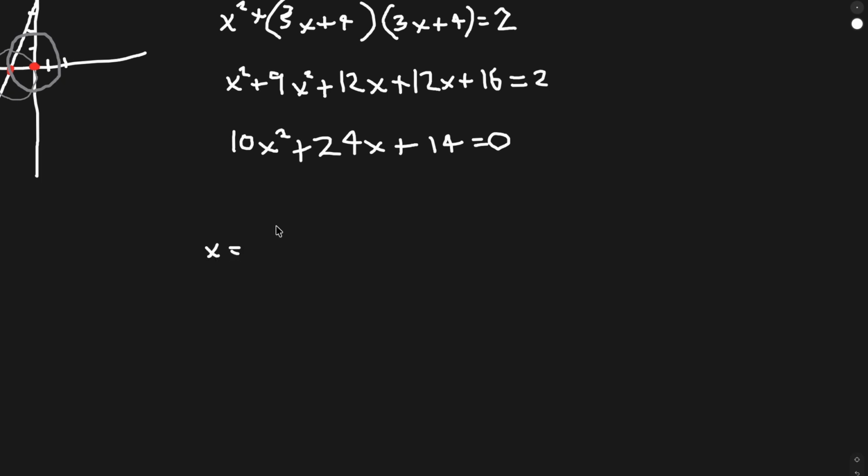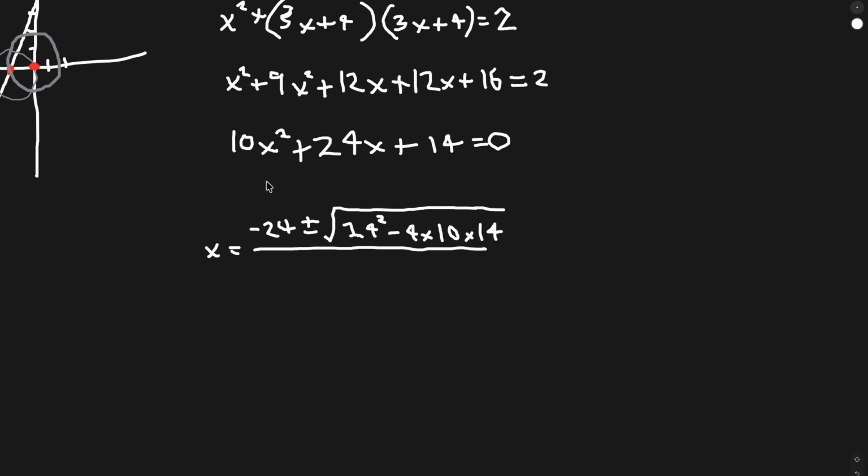X is going to be equal to negative b, so negative 24, plus or minus root b squared, so 24 squared, minus 4 times a, which is 10, times c, 14, over 2a, or 20. 2 times 10.